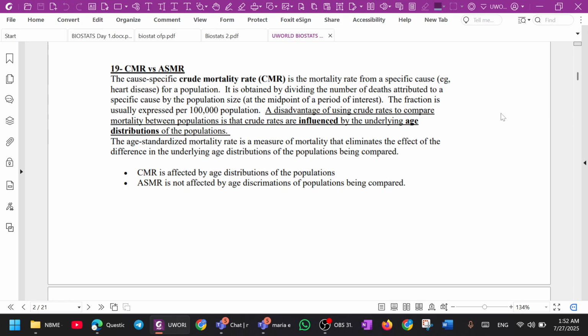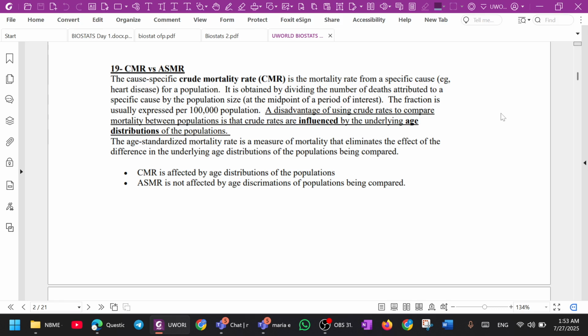The age standardized mortality rate is a measure of mortality that eliminates the effect of the difference in the underlying age distribution of the populations being compared. CMR, crude mortality rate, is affected by the age distribution of the population. ASMR is not affected by the age distribution of the populations being compared.